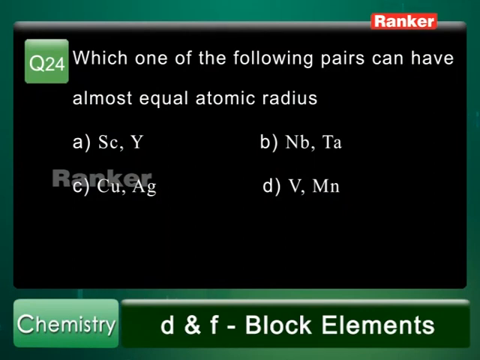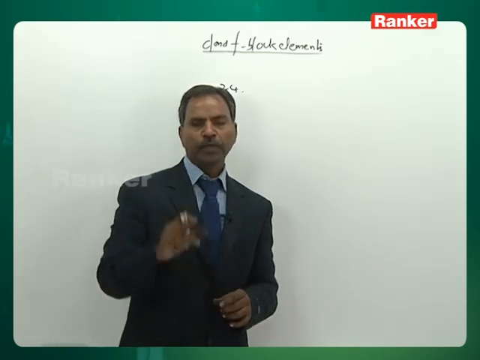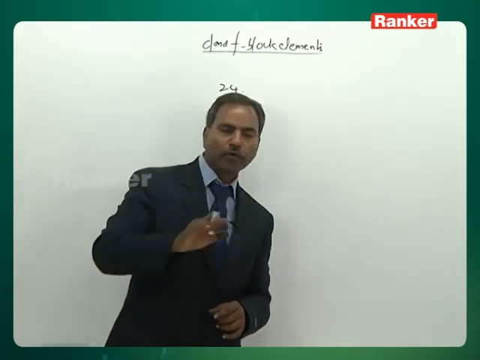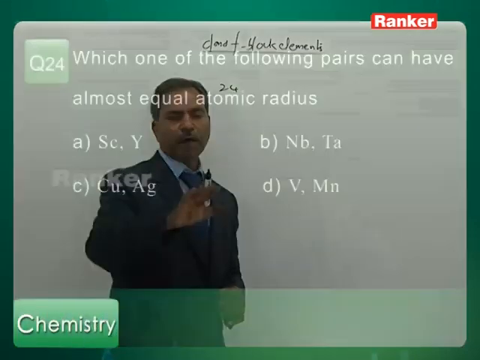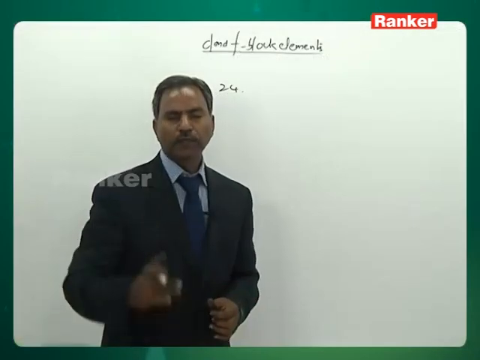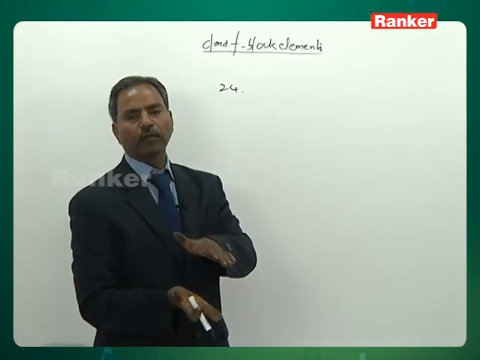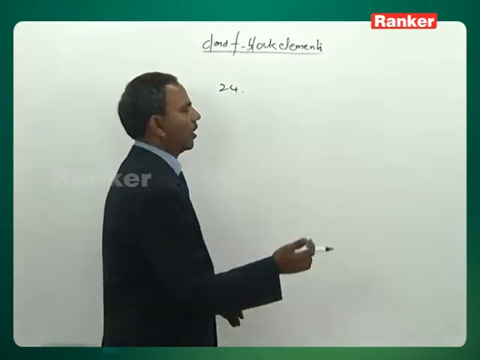Therefore, we can consider the answer niobium and tantalum. Scandium and yttrium are 3d and 4d elements. Niobium and tantalum are 4d and 5d elements. Option C, copper and silver, again 3d and 4d elements. Option D, vanadium and manganese, both belong to the same 3d series. So wherever 4d and 5d elements come, they have more or less identical atomic radius.